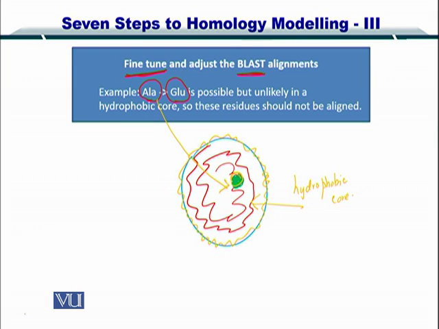However, if this amino acid was not in the core but rather at the surface, then such a substitution might have been possible. So such fine-tuning of alignment is necessary for you to evaluate the substitution of amino acids such that they are feasible.